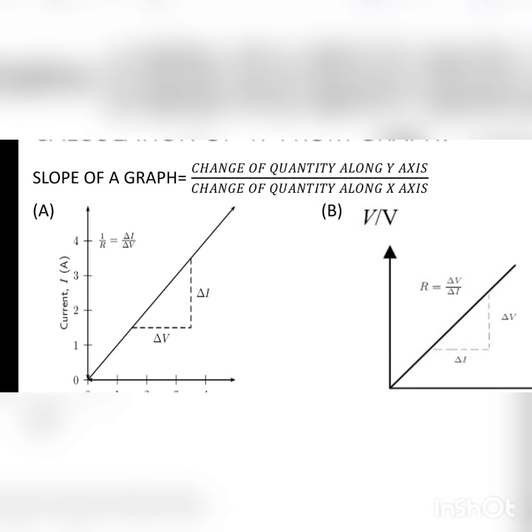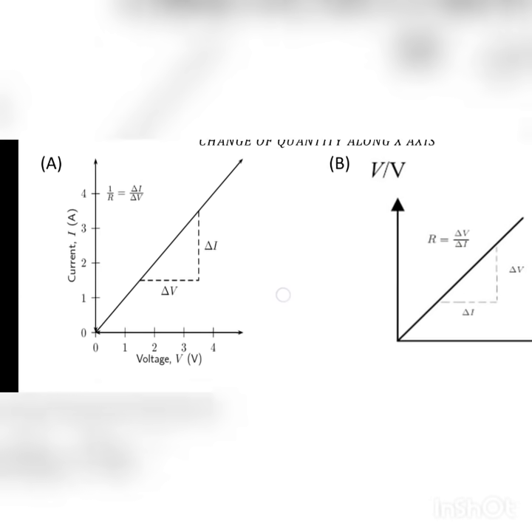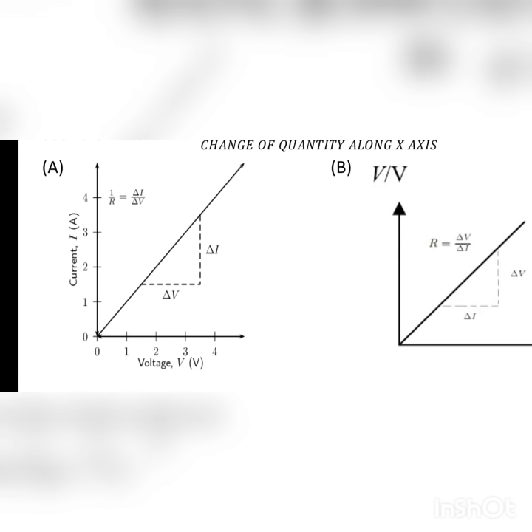Now in A part, in the graph of A part, if I take any 2 points on the graph and find out the difference of y-axis and x-axis values on these 2 points, then we get the difference in y-axis as delta I. Delta means change.